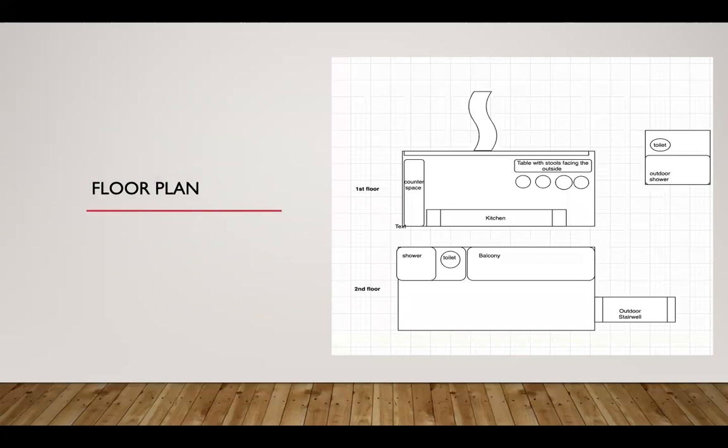Here's a floor plan. And so, like I said, this will be a pretty small design. Here on the first floor is just the kitchen, a table right here with stools and counter space.